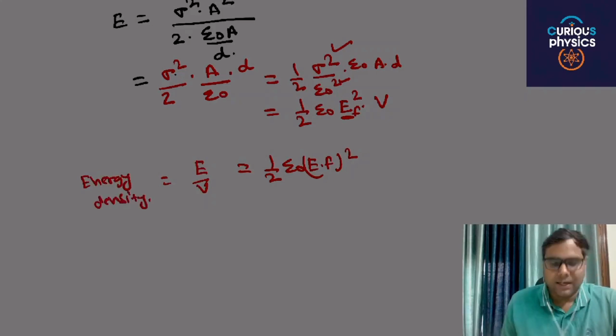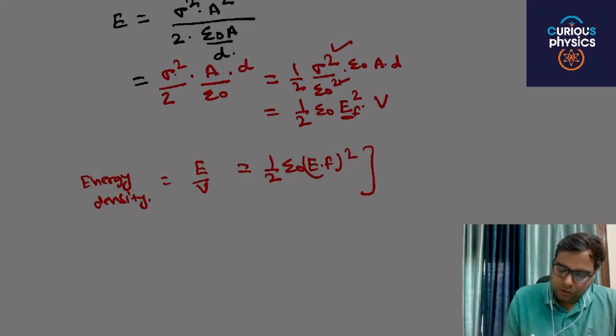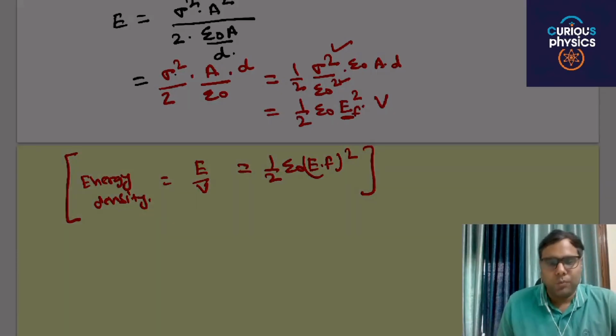So you can easily write energy density is 1 by 2 epsilon naught into electric field whole square. You can also remember this formula. This is for your basic understanding. Energy is half CV square or Q square by 2C, and energy density is 1 by 2 epsilon naught electric field whole square. E is electric field.